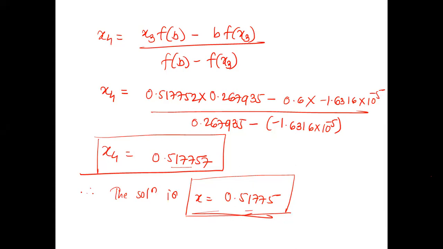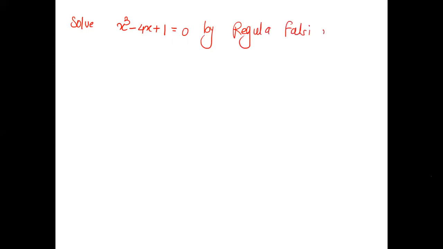Okay, solve one more. Solve x cube minus 4x plus 1 equal to 0 by Regula Falsi method. Only this.